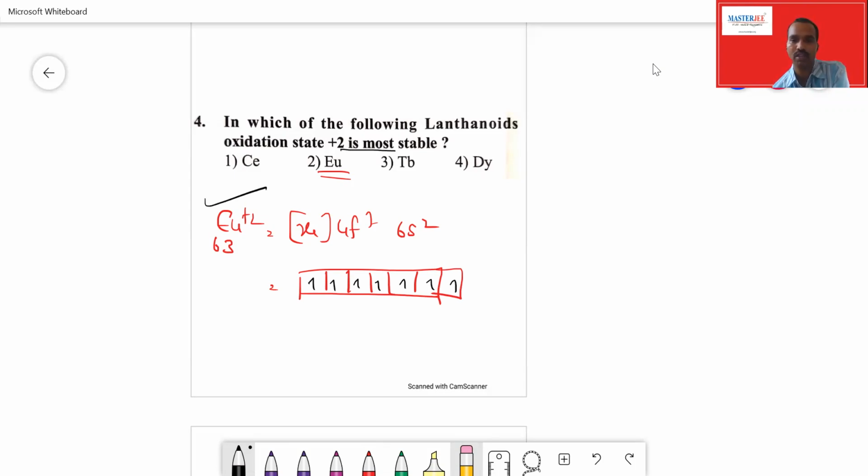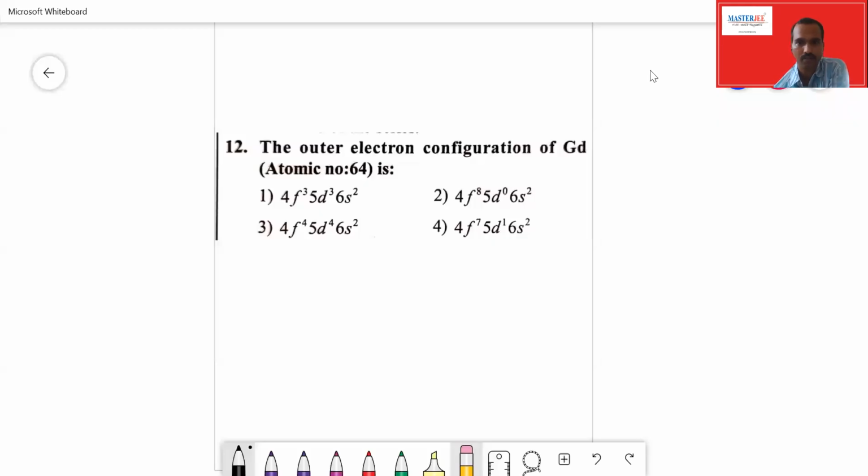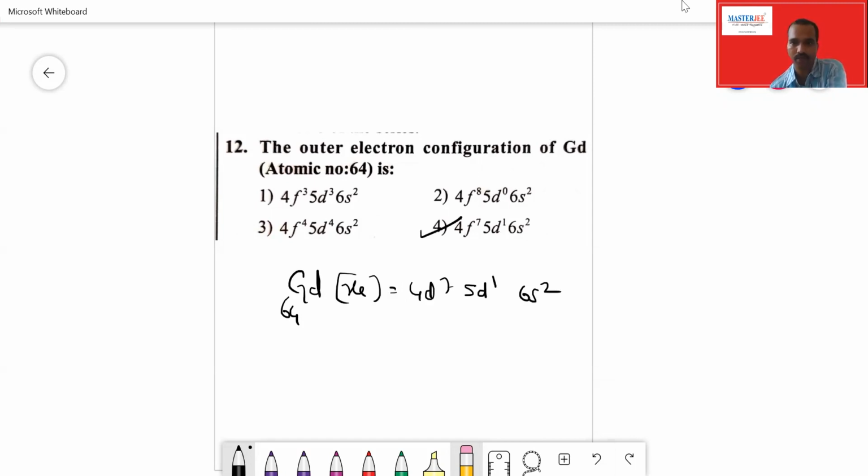Europium plus 2 state is very stable. Next, the outer electron configuration of gadolinium: its atomic number is 64, xenon 4f7 5d1 6s2. We will go with this option.